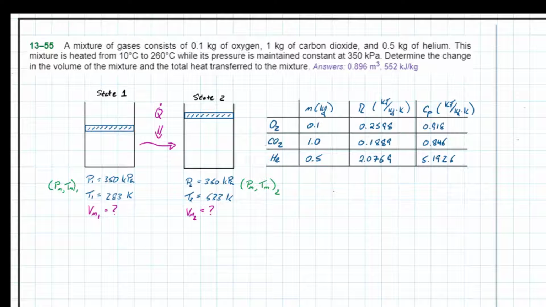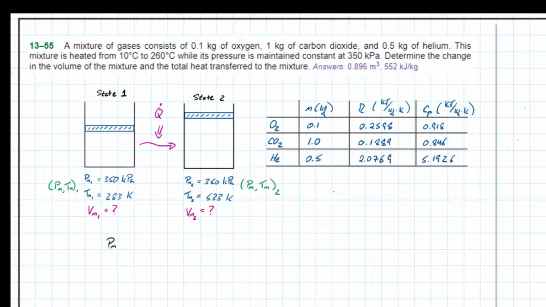So I'm going to change these to explicitly state the pressure of the mixture at state 1 and the temperature of the mixture at state 1, and likewise the pressure of the mixture at state 2 and the temperature of the mixture at state 2.